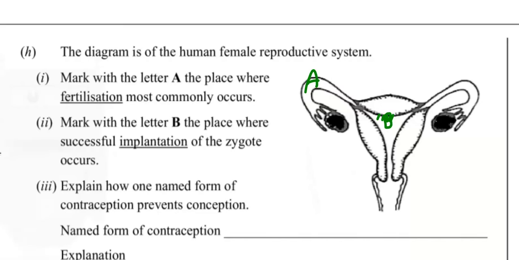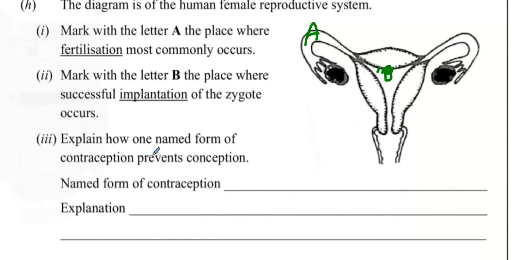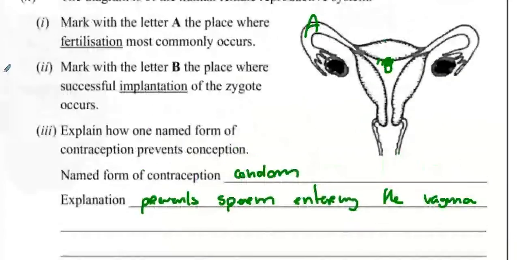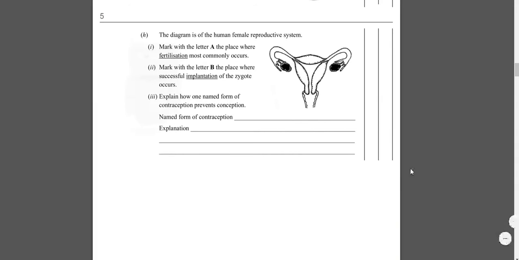Explain how one named form of contraception prevents conception. We'll just go for the condom, and what happens is it prevents sperm entering the vagina. Okay, very easy one. Any other acceptable answer will be good with that. Okay, and we're going to move on to the next question.